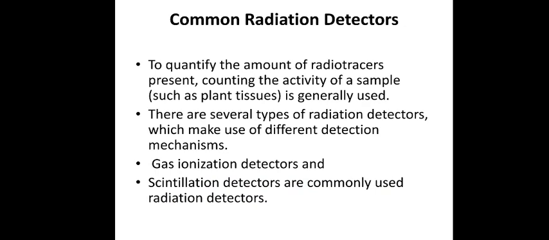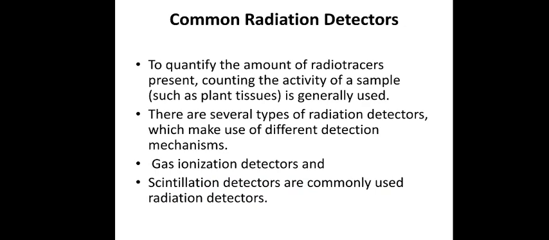After this, you try to quantify the radioactive element present in the sample, which is directly proportional to the chemical of your interest, because the radioactive element is only going to bind to the complementary element; it won't bind to anything else. So if you are using a radioactive element, it should be complementary to the chemical of your interest.